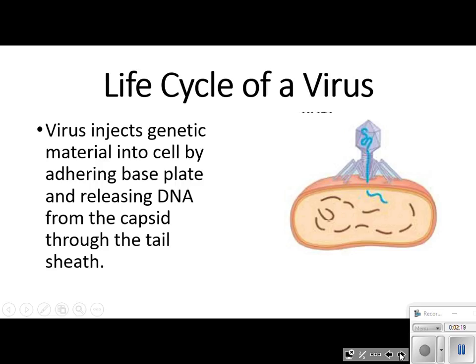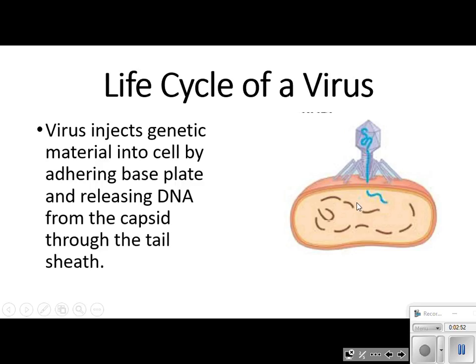Remember we said yesterday that the tail sheath acts like a syringe and it injects the DNA from the capsid into the host cell. So as you can see in the diagram, the DNA that was up here in the capsid traveled down through the sheath and is now being injected into the host cell.